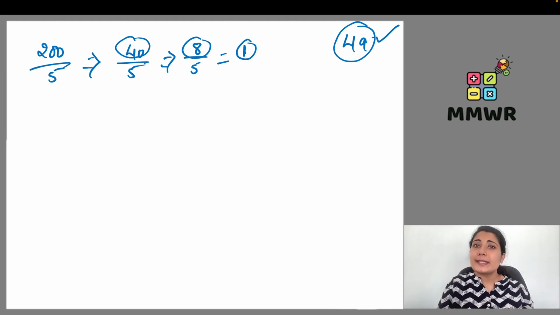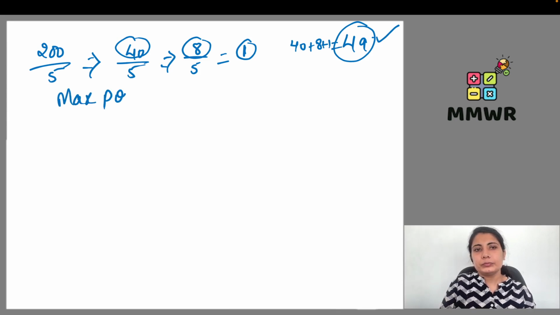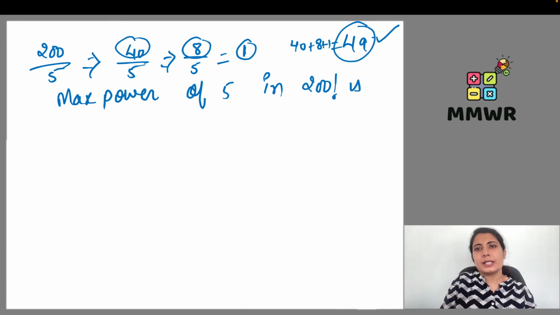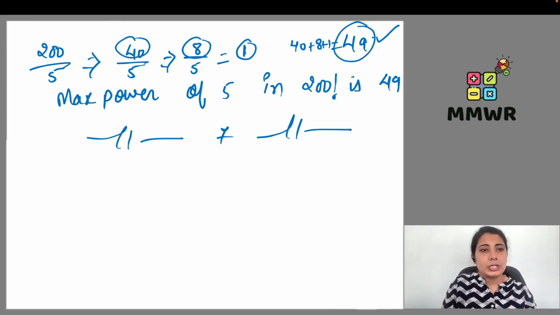Maximum power of 5 is 49. Right? 40 plus 8 plus 1, 49. So maximum power of 5 in 200 factorial is 49. Now maximum power of 7 in 200 factorial is going to be what?